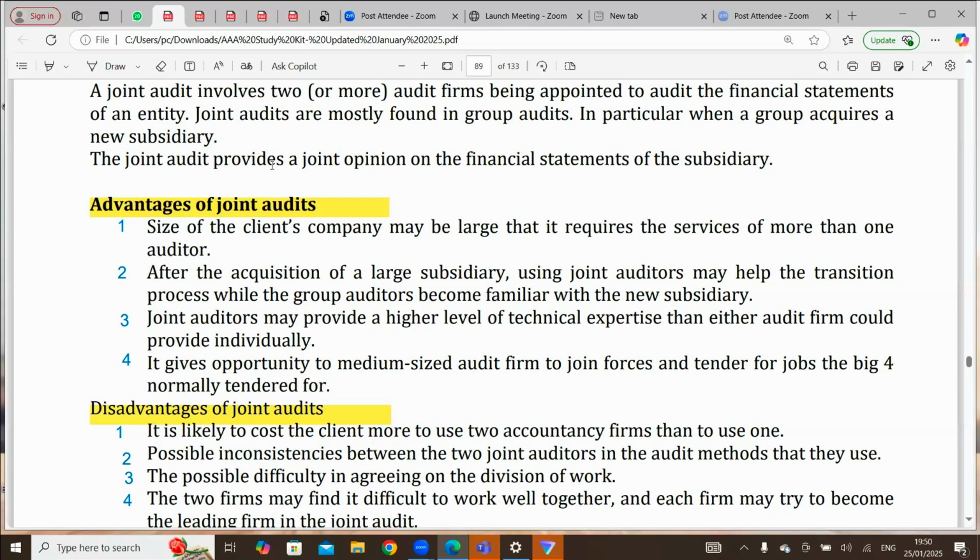You understand? After some time, maybe after 2 years, when the parent company already knows a lot about the component company, they can say, okay, we'll be auditing alone. So with that kind of arrangement, what will be the advantages of joint audits? I'm saying, before we start reading the answers that are here, what are the advantages of a joint audit?